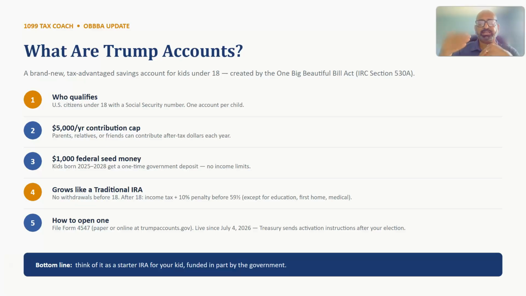Once the child turns 18, actually January 1st of the year when the child turns 18, the money gets freed and can be withdrawn. When you withdraw the money, the rules work more or less similar to traditional IRAs, and there are early withdrawal penalties unless certain conditions are met.